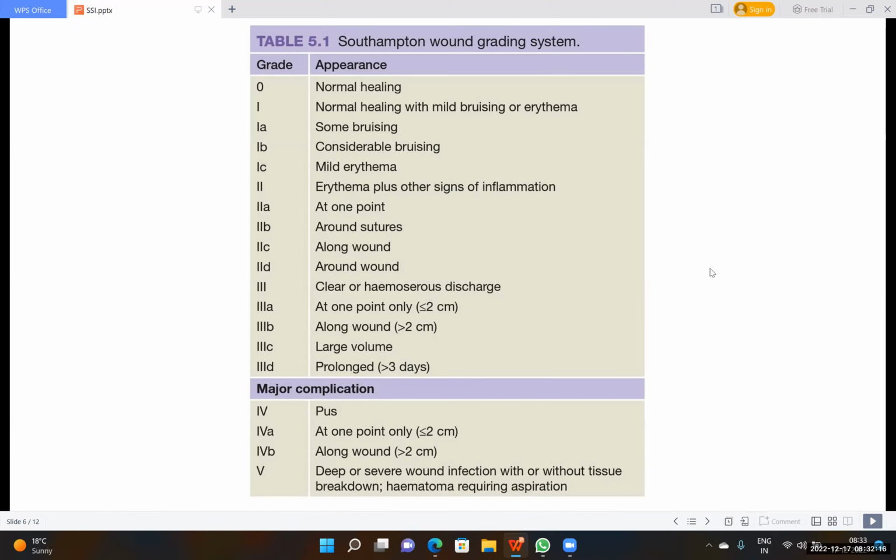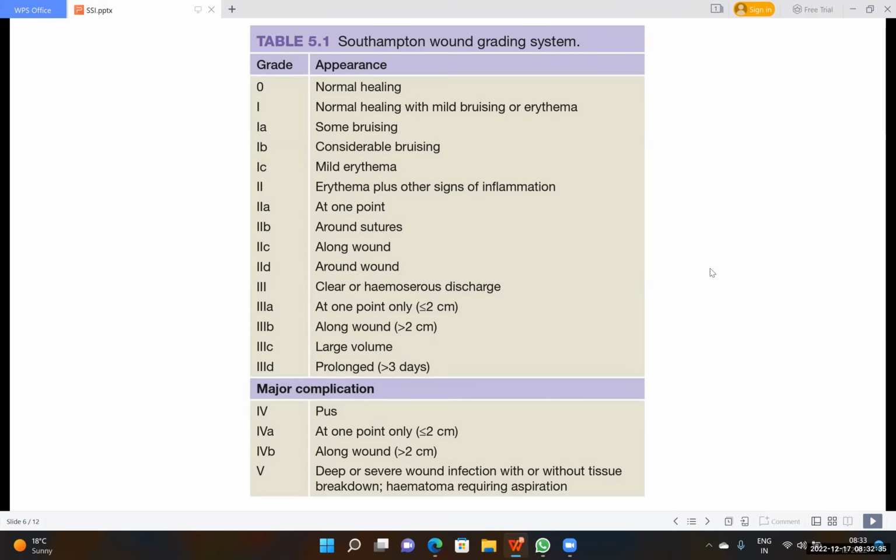Now, grade 3 is when there is some discharge, clear or hemoserous discharge. Depending on the size, it's further graded: if it's less than 2 centimeters or more than 2 centimeters, or for more than 3 days.